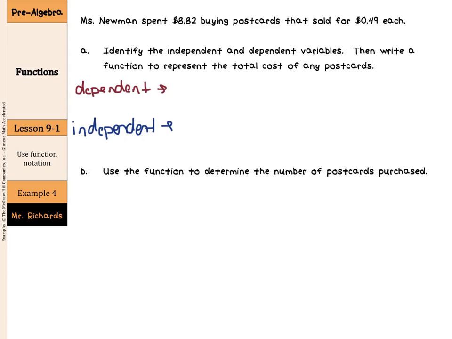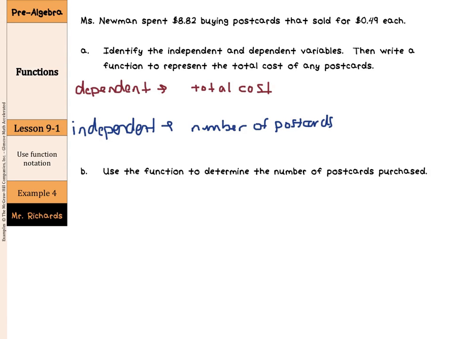Well, I think here that our total cost is going to depend on the number of postcards you buy. It's certainly not going to be the other way around.